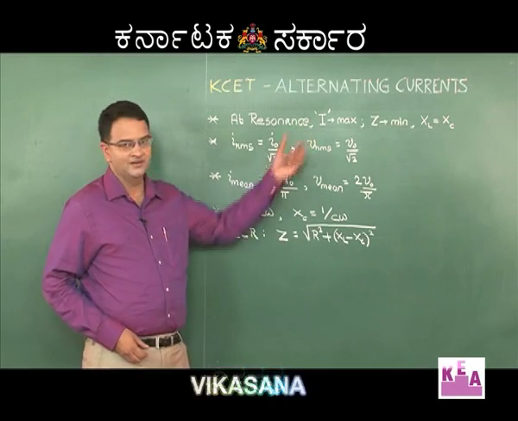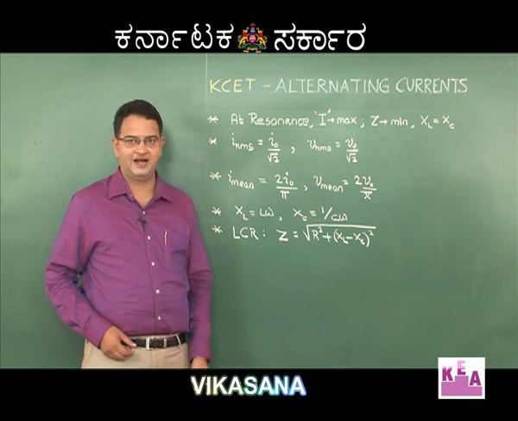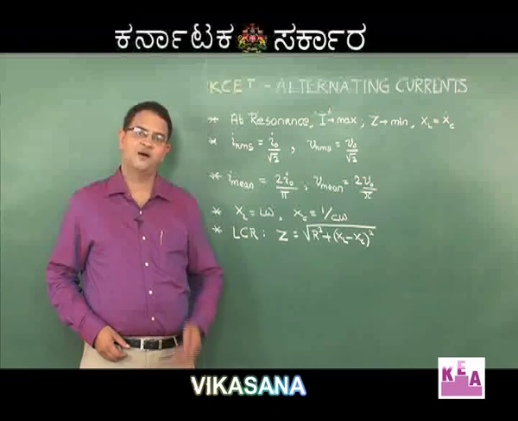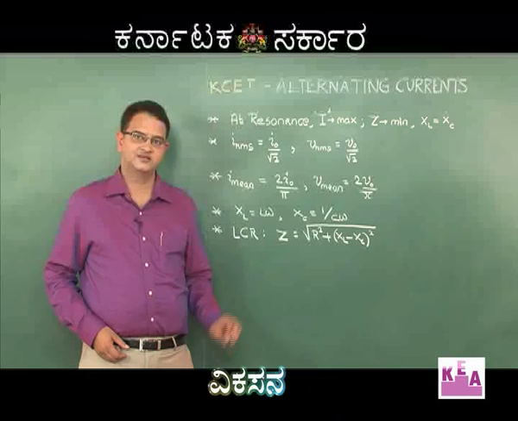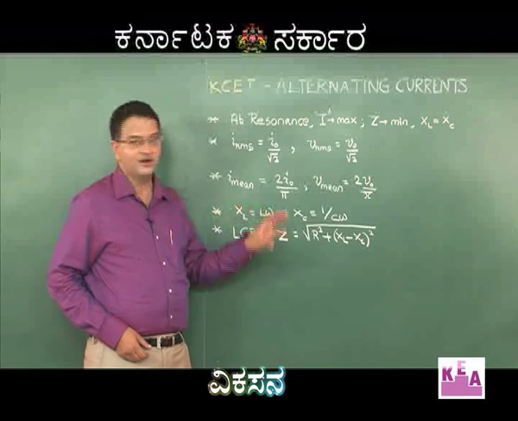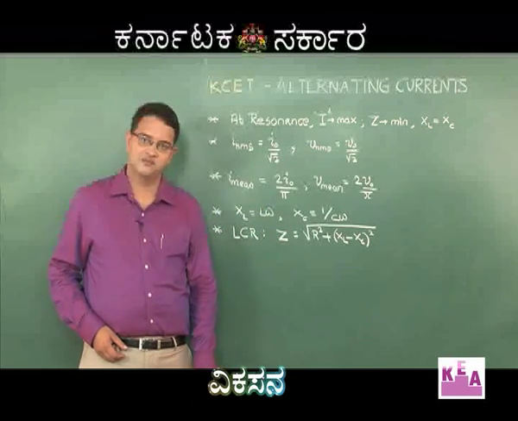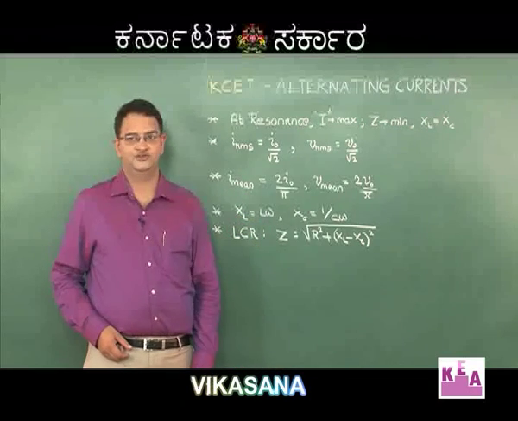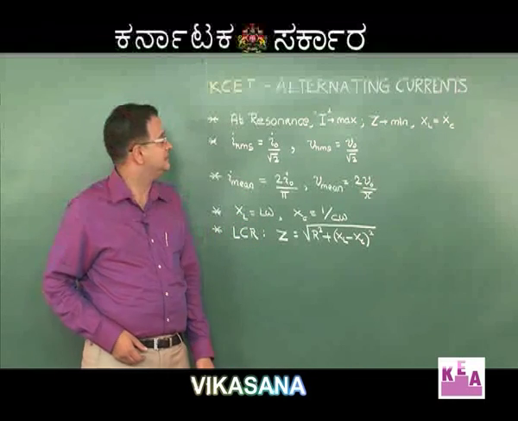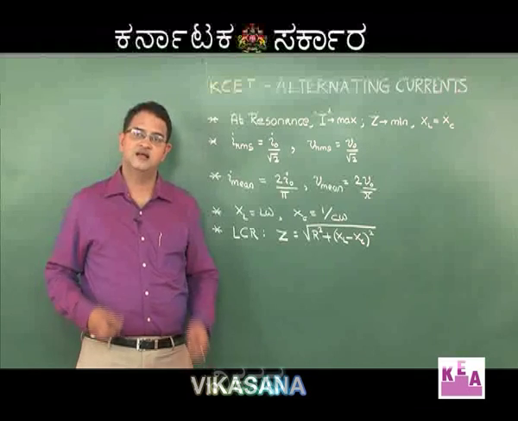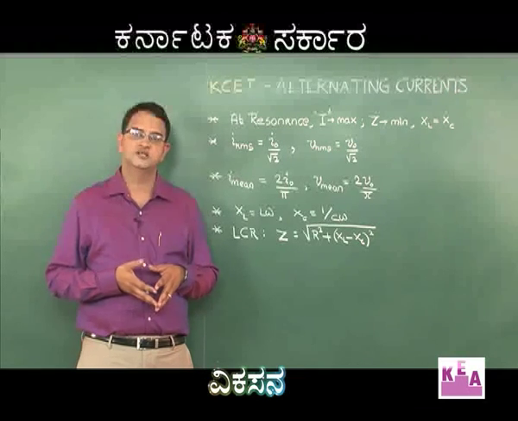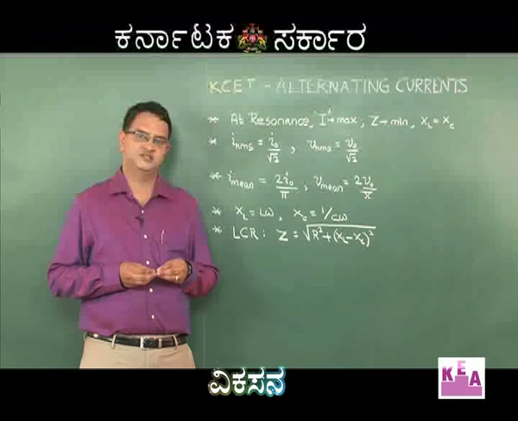This is the frequency at which the current will be maximum, the power dissipated will be maximum, and the circuit is going to be purely resistive. These are some of the factors which we need to remember when it comes to resonance. These are some of the important factors with regard to alternating currents, and as we discuss the questions, some more relevant concepts will be discussed.